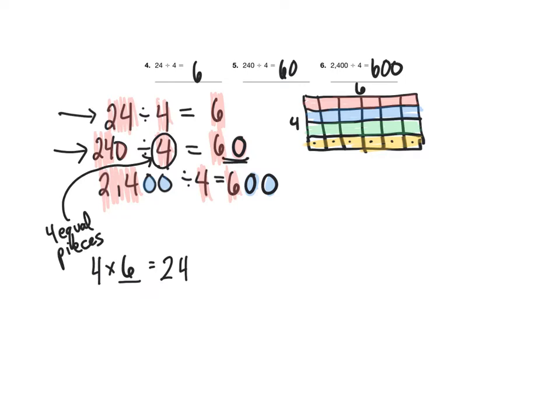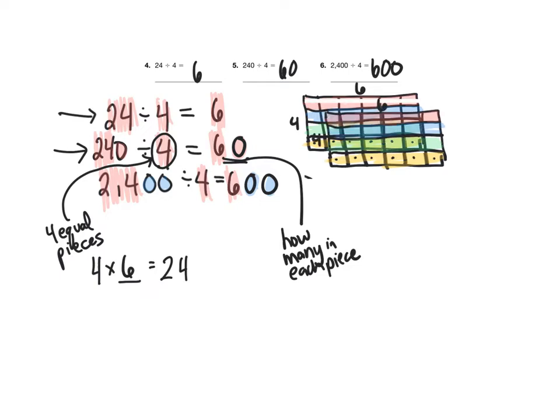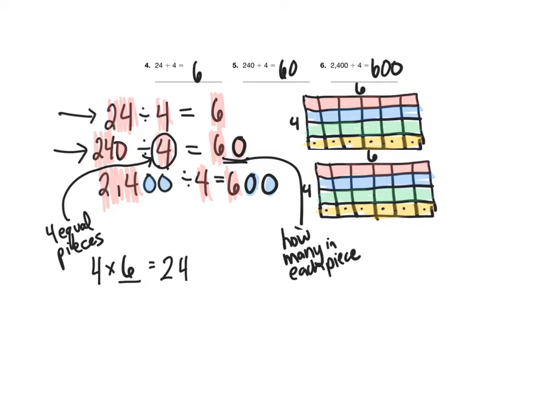And so the question is, how many in each piece? So when you think of it that way, it makes sense that if I took my whole, which is my array, and made it way bigger, basically if we're going to multiply it by 10, aren't we? We're going to have 10 groups of these guys.